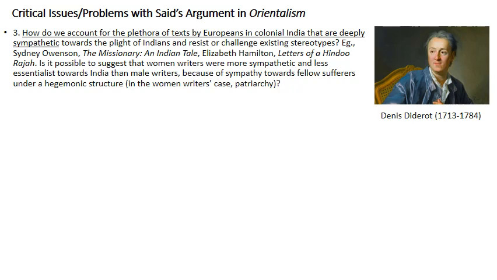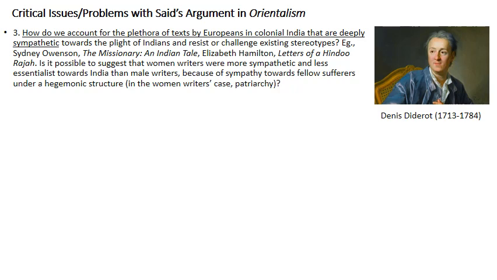Okay, is it possible to suggest that women writers were more sympathetic and less essentialist towards India than male writers? Because of sympathy towards fellow sufferers under a hegemonic structure, in the women writers' case, patriarchy.